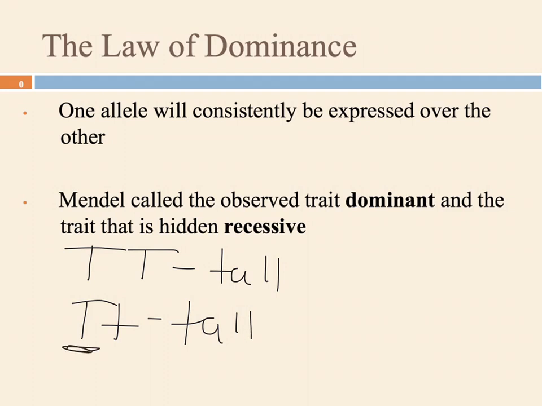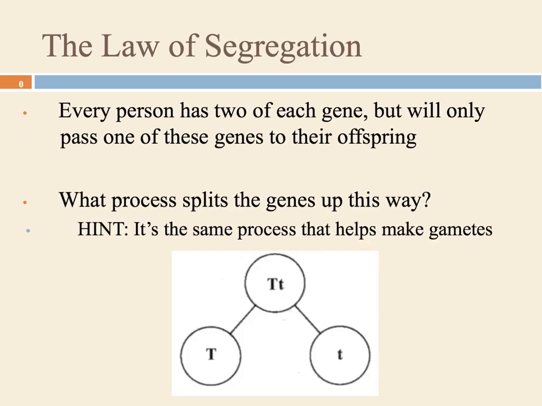It's always going to be expressed if present. The recessive trait is masked by a dominant trait. So the only time you're going to see a recessive trait is when the individual is homozygous recessive. So that would be the short pea plant. All right, so dominant versus recessive.